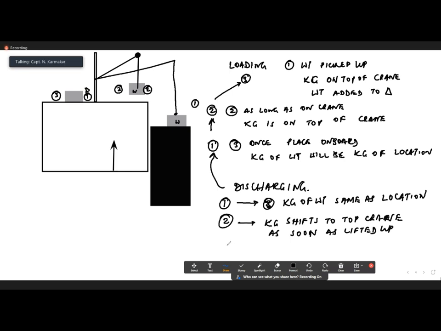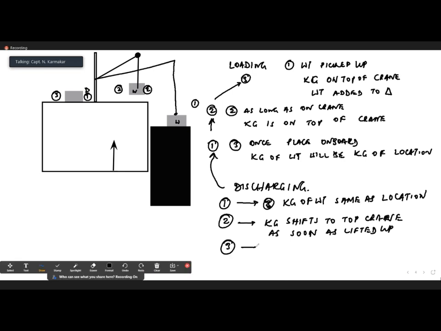And then finally, number 3 position would be once on jetty, weight is discharged from the ship. Right? So that's how it is supposed to go.